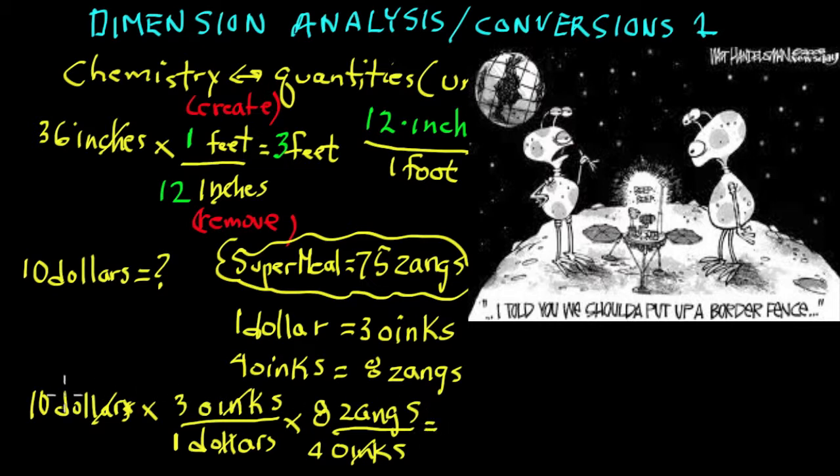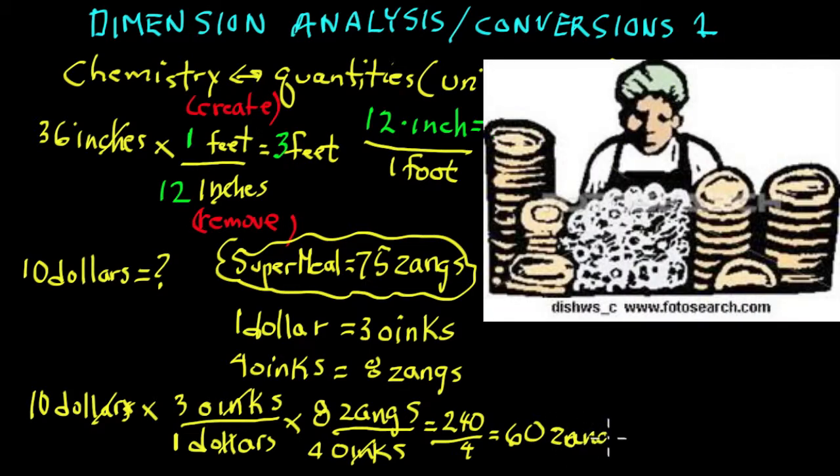All we have to do is multiply our numbers. 10 times 3, 30, times 8, 240, over 4 times 1, 4. That comes out to be 60 zangs. Well, we're in trouble. We better learn to wash dishes.